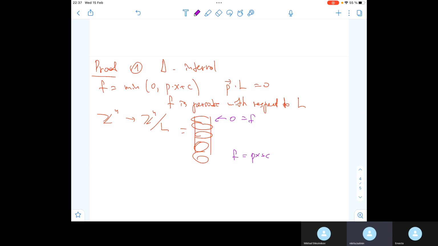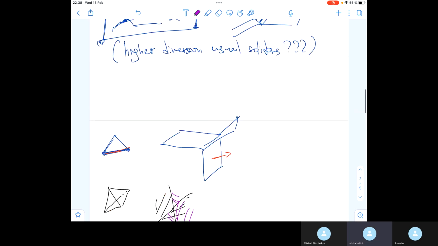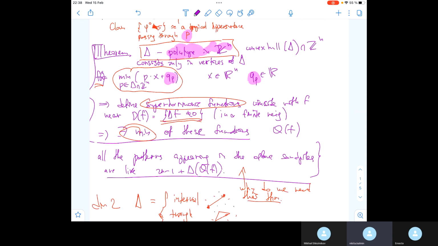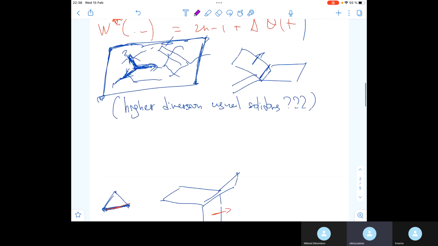And then I have this procedure of diminishing and diminishing my function f. So here I claim that there is a pointwise minimum. And similarly to the two-dimensional case with Misha, one can prove that one can smooth this function by subtracting 1. Here I call this process husking.